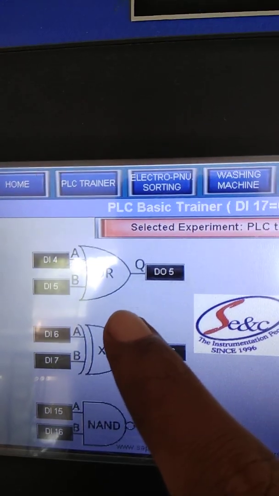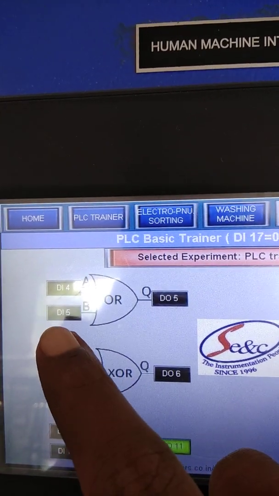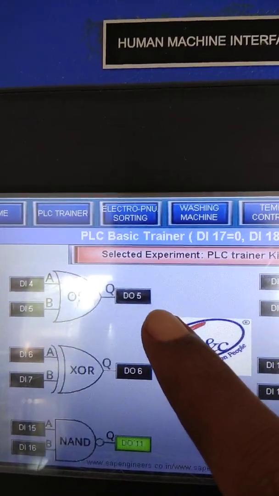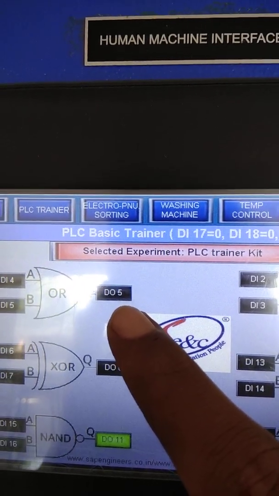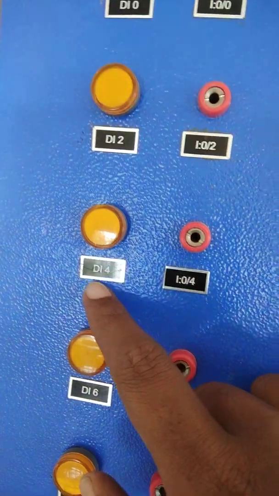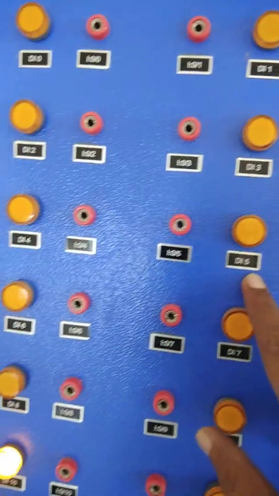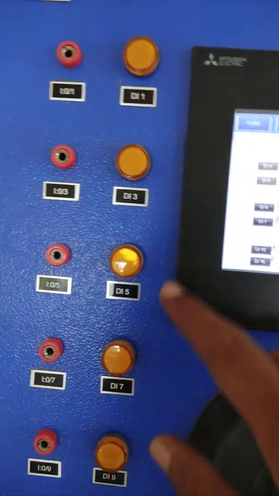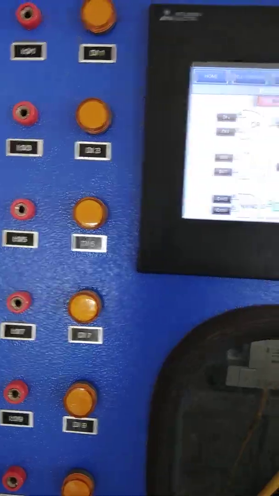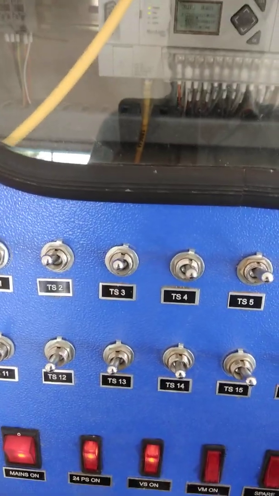Now first consider OR gate. DI4, DI5 are the inputs, DO5 is the output. So DI4 is nothing but this input, DI5 is this input. So the input connection we can turn on and turn off by using these toggle keys.